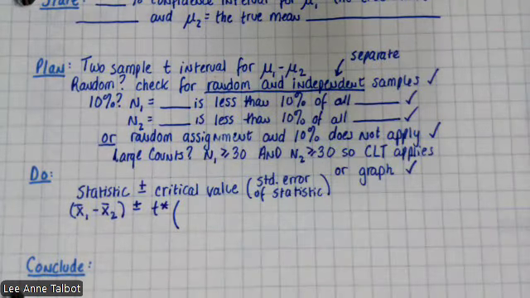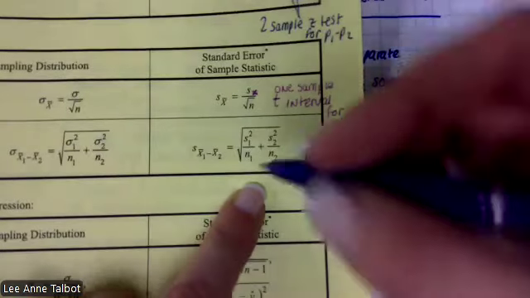And then find the standard error on your yellow sheet. You should be able to find him pretty easily. He's right here.